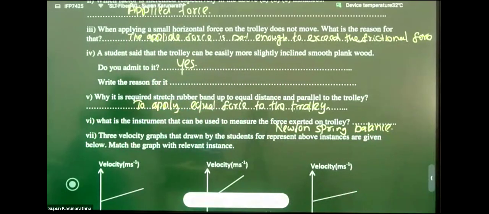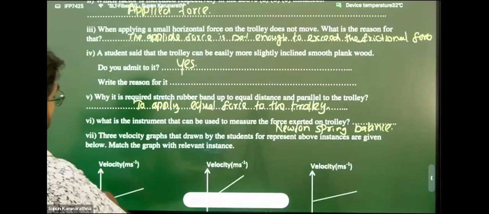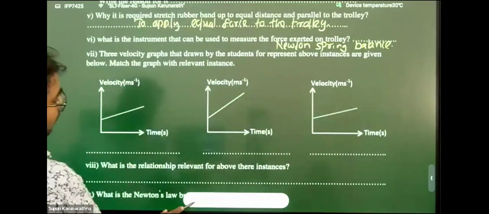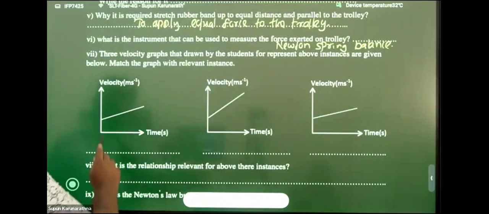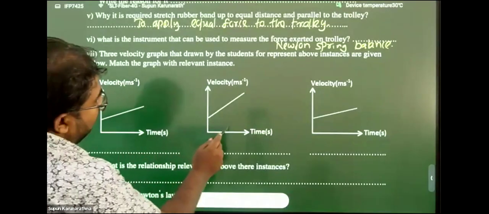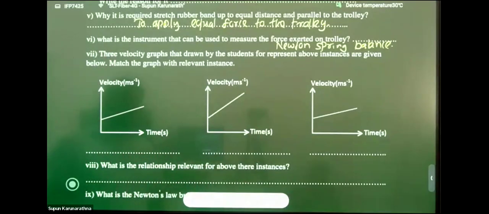Three velocity graphs drawn by the students to represent the above instances are given below. Match the graph with the relevant instances. Here you can see velocity with time variation. So what do you think about that? Match the graphs to the instances given.